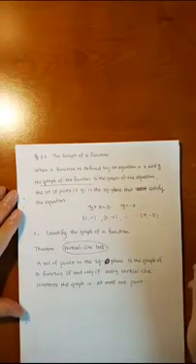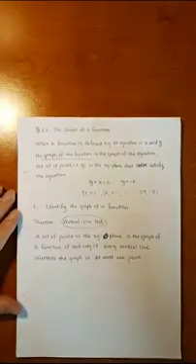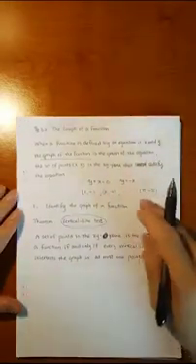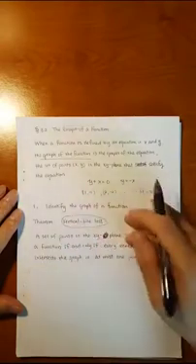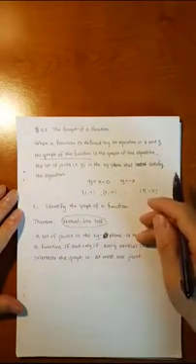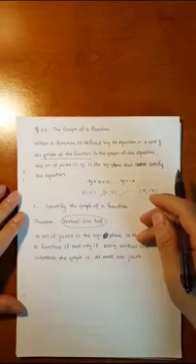Okay, so if every vertical line intersects the graph in at most one point, then we say, okay, this graph of an equation is a graph of a function.